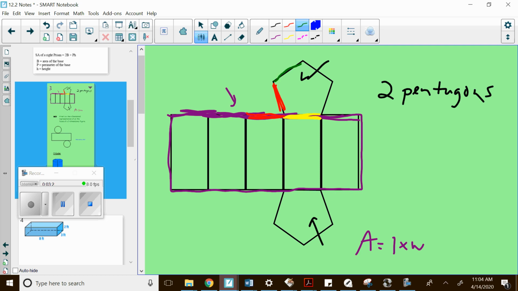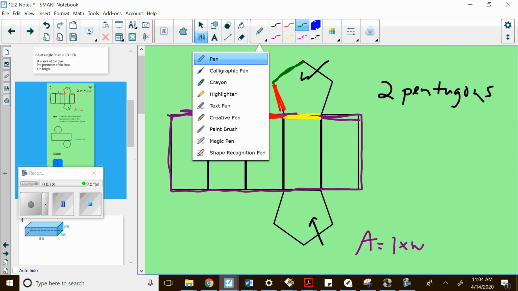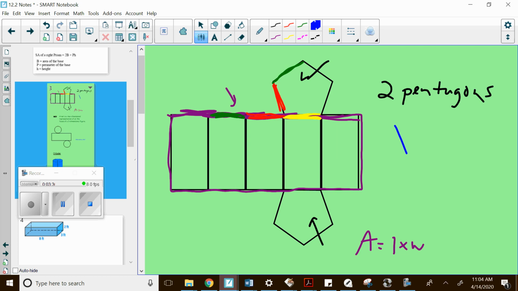This green one would go right to here. This blue one here would map right onto this right there. And lastly, this black one would go right to here. In other words, the length of this right here is actually equal to the perimeter of that base, which is a great relationship to understand.